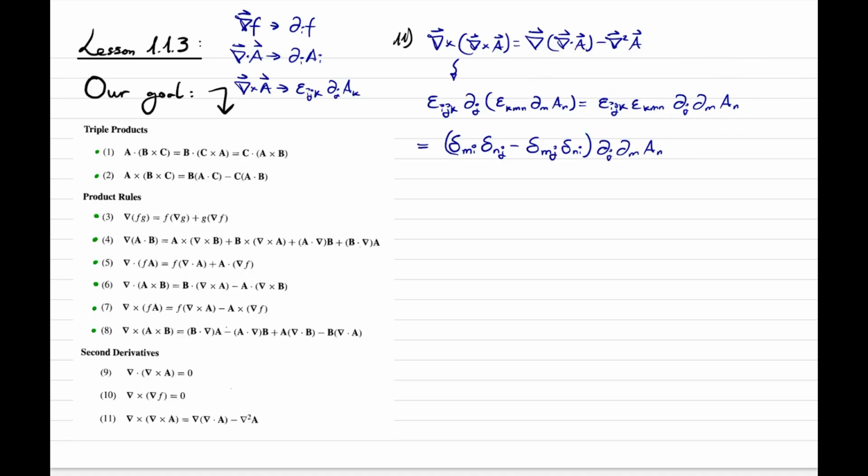So we are going to distribute this, and then we are going to collapse all the Kronecker deltas, and let's see what we have. So now we are going to collapse the m with the i. So we have del i, and now we are going to collapse the n with the j. So we have a j. And now we are going to collapse the n with the j and the m with the i.